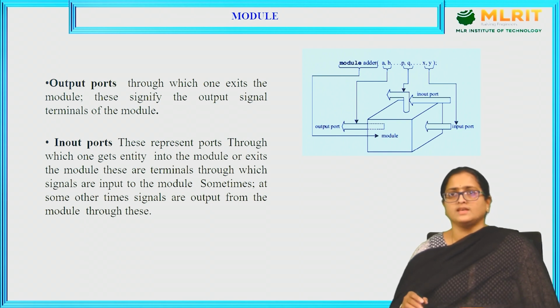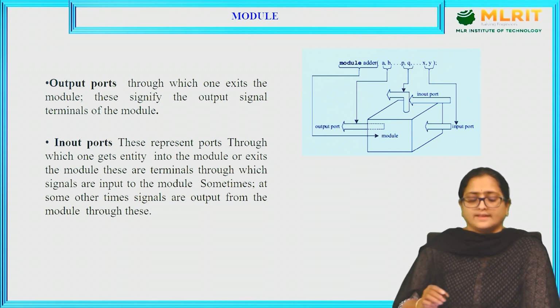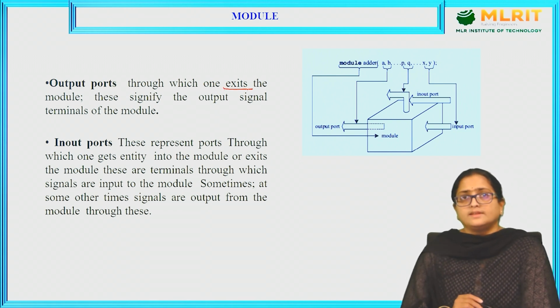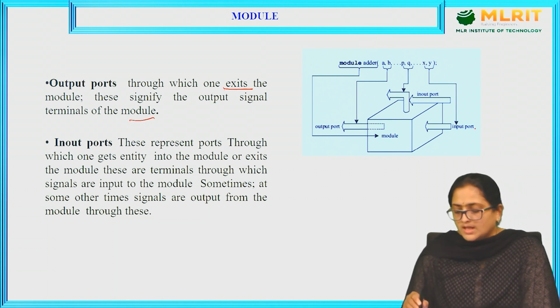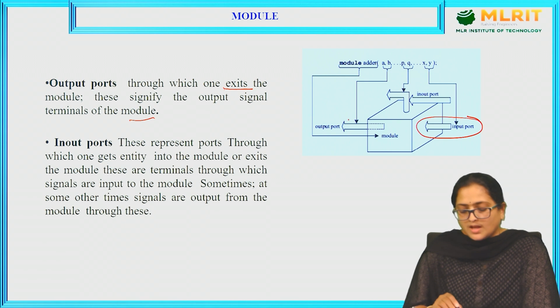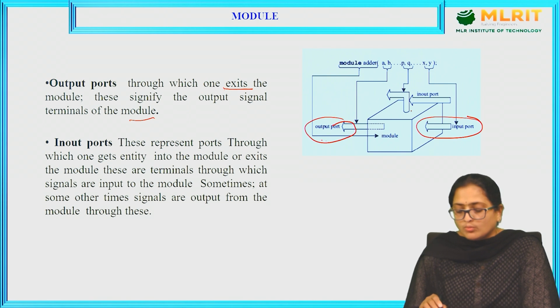The second one is the output port, through which one exits the module. This signifies the output signal terminals of the module. This shows the input port which is entering a module, and this shows the output port which is exiting from the module. One more port can be called an in-out port.